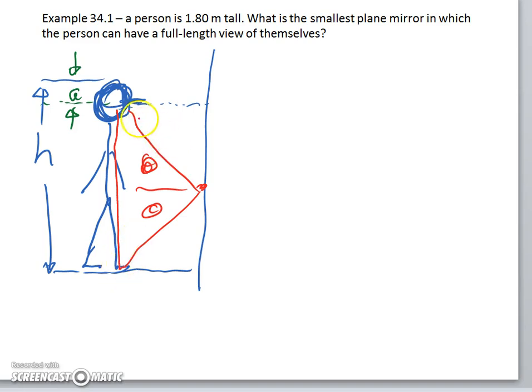These two lengths are the same, and if those two lengths are the same, then these two lengths are the same, and each of them is actually h minus a, which is the height from the foot to the eye, divided by 2.